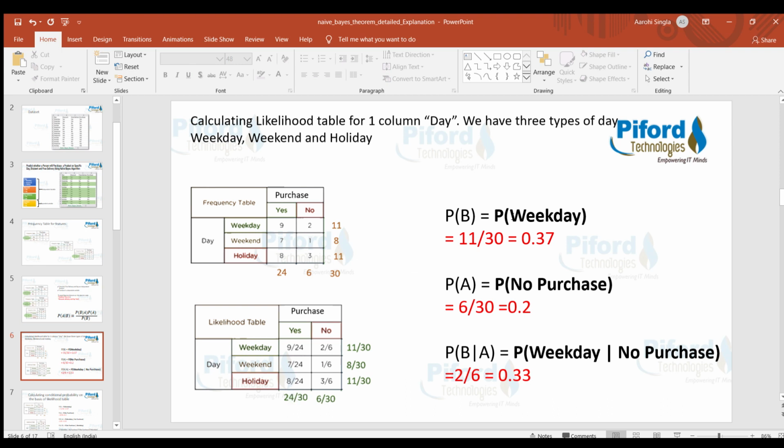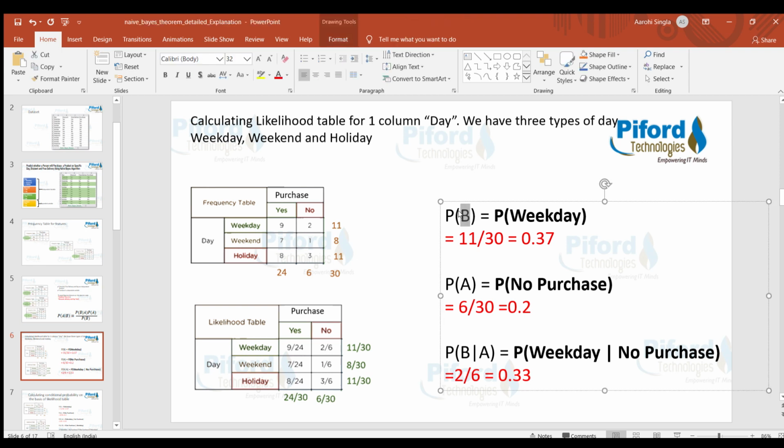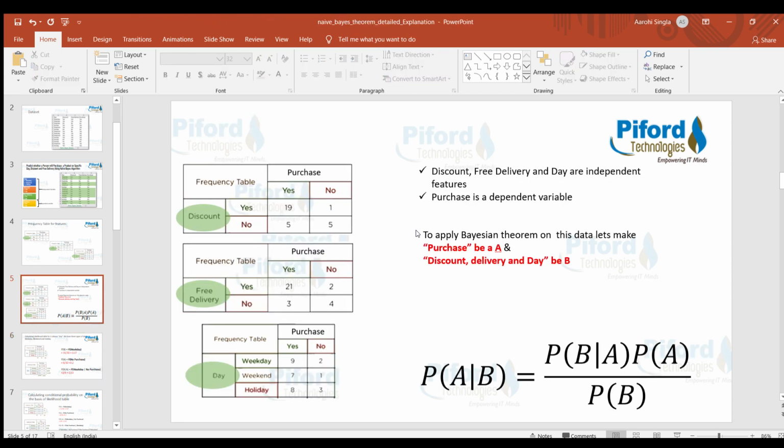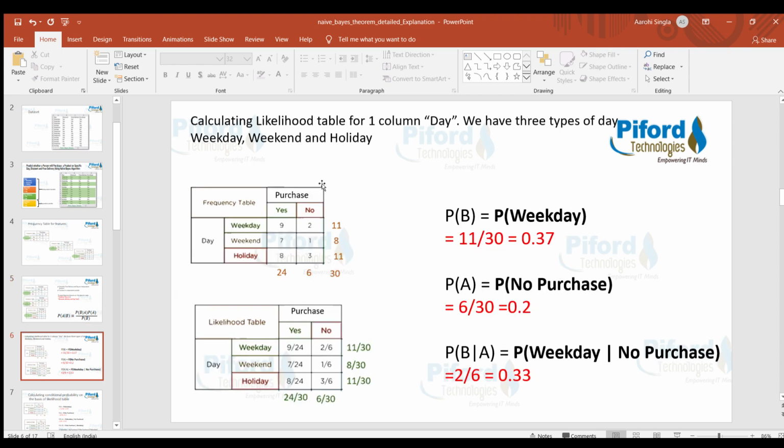As I've told you, consider A as the dependent variable and B as the independent variable, and in this slide we are working on the day column only.